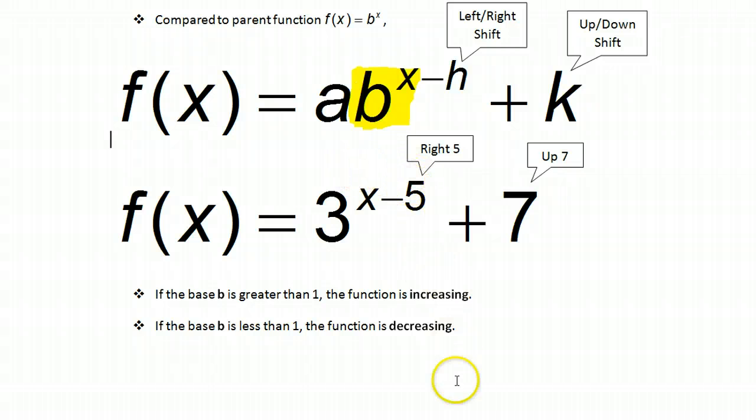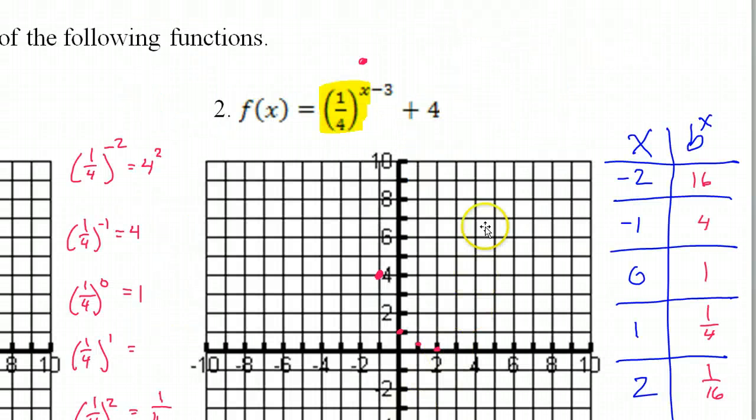So it's kind of backwards. So this negative 3 that you see is really a shift to the right 3. And this positive 4 is up 4. So we need to take all of these skeleton points and move them right 3 and up 4.